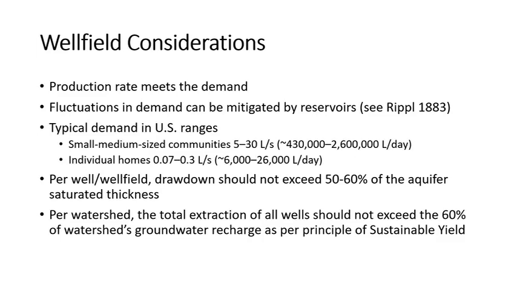And note that the typical demand for water in the US, for example, is 400,000 to 2.6 million liters per day for small to medium sized communities. And for individual homes, it ranges from 6,000 to 26,000 liters per day.